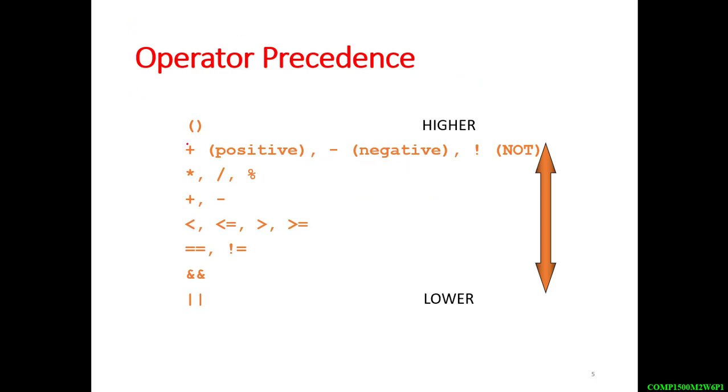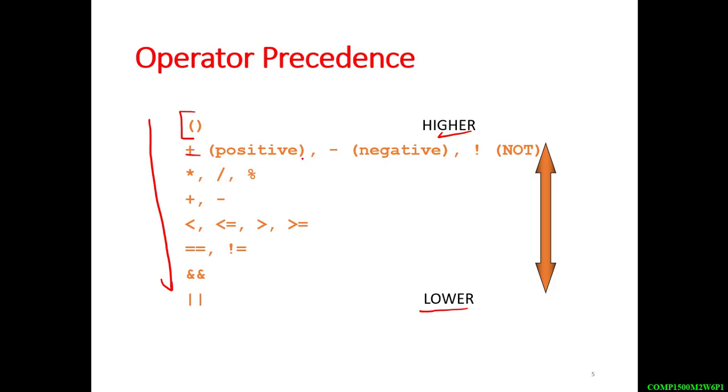So from top to down, this one is the highest, and this one is the lowest precedence. So the highest precedence is for brackets, then positive, negative, not.